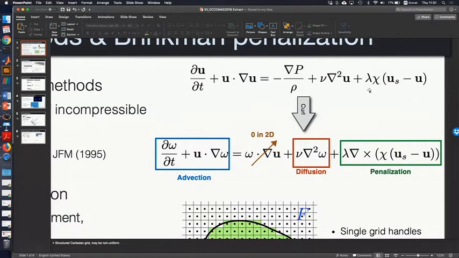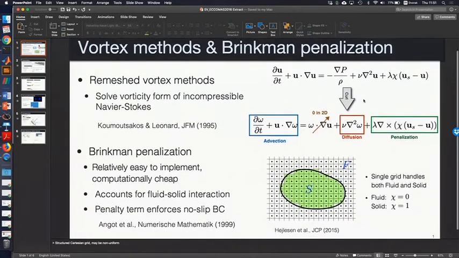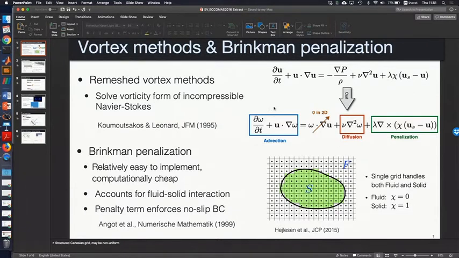But from experience, I've come to realize that you set lambda equal 1 over dt. Every time step, you have a particular dt that's governed by CFL conditions and other things. When you set lambda equal 1 over dt, that will cancel the dt when you bring it from the other side. So long story short, lambda is set to 1 over dt.